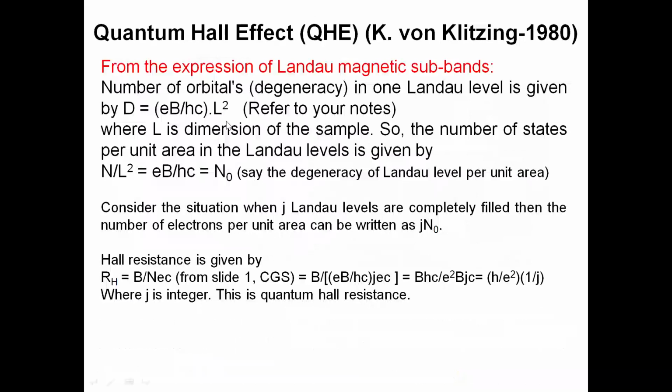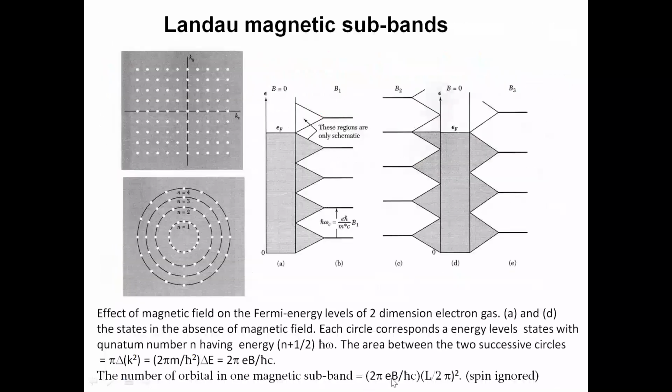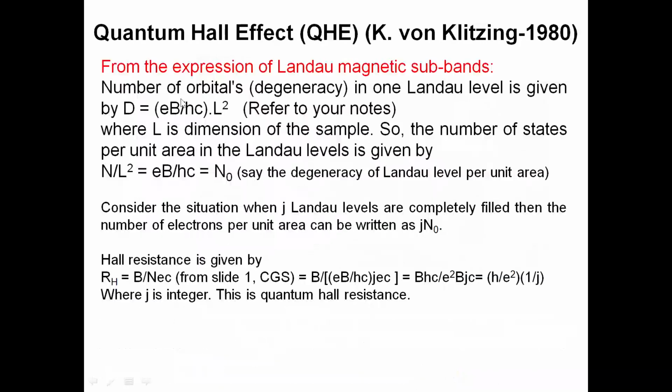From this, the orbital degeneracy we discussed in the last slide in one Landau level is given by eB by hc multiplied by L square. Other terms are cancelled.